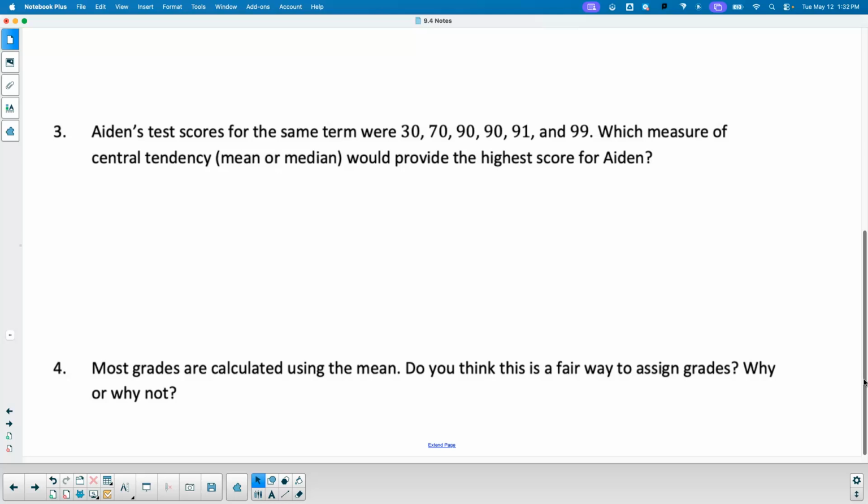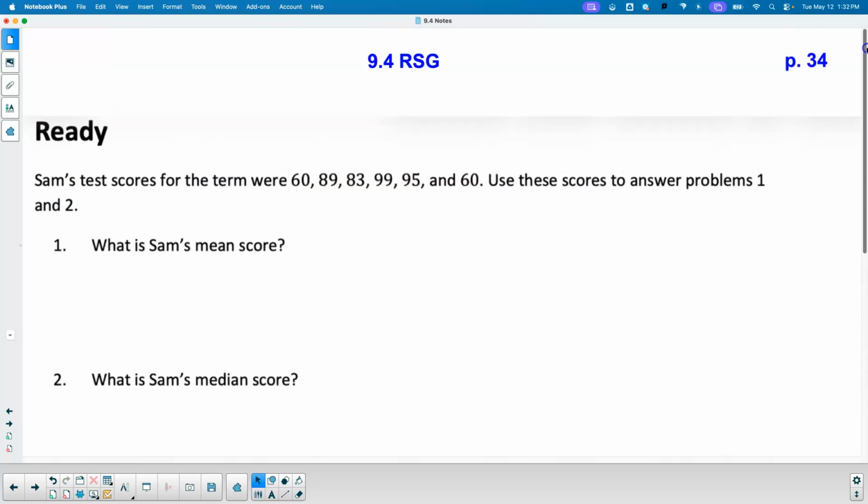We're skipping that. So we're going with this one. Did I forget to tell you that yesterday? Sorry, we're on page 34.